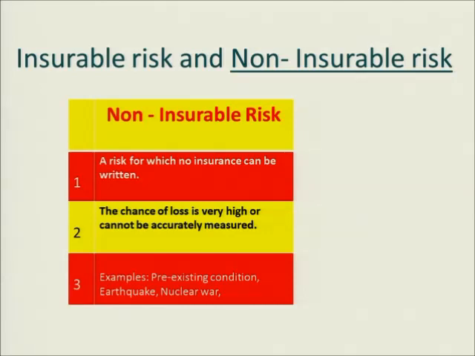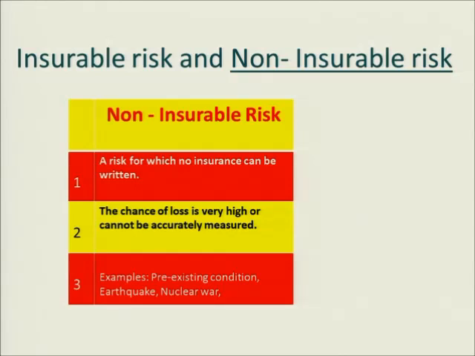An example could be pre-existing conditions, which may not be covered by some insurances. Another is the damage that could happen as a result of an earthquake. Insurance companies are always reluctant to cover for the damage because it could be disastrous or too much. So the insurance company may not be able to cover that.